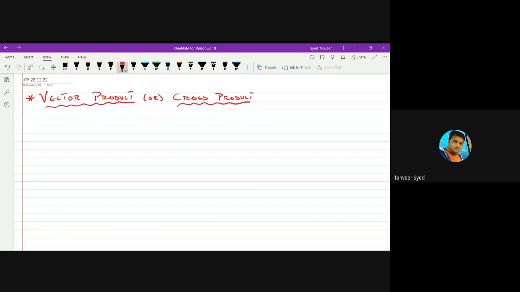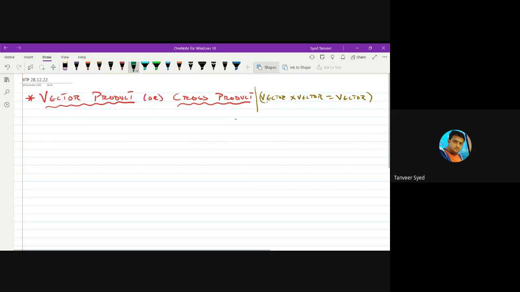How is this multiplication done? Let us take two vectors, and by the basic definition, here we are going to multiply two vectors, and the product of these two vectors will also be a vector quantity. This is what the vector product means.